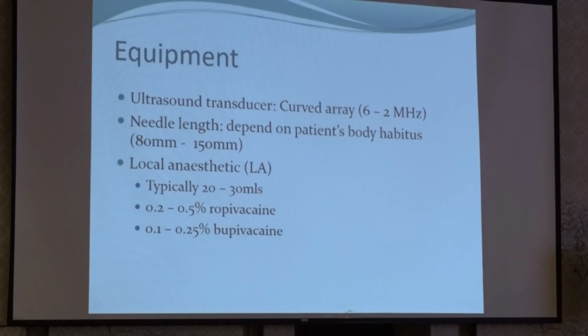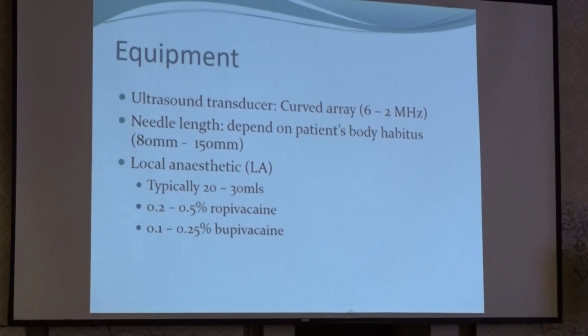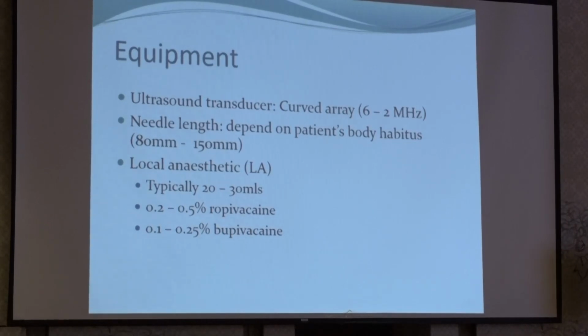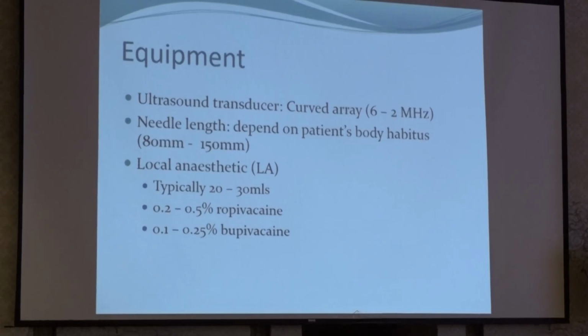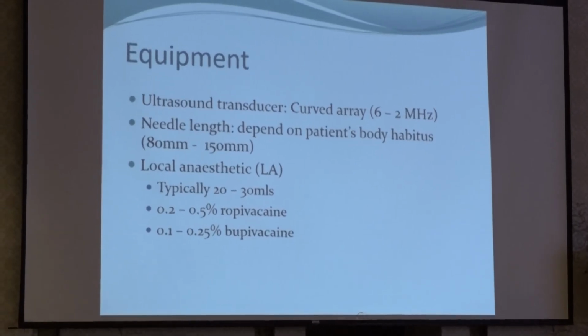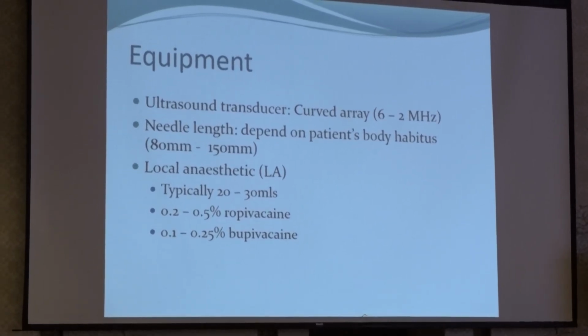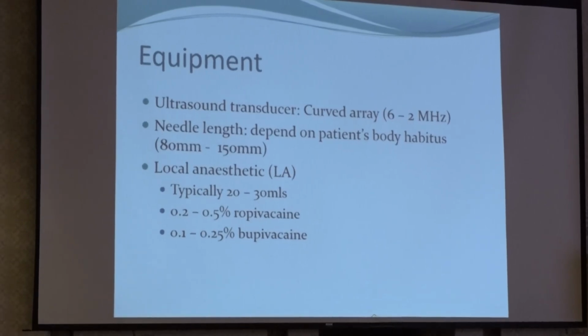Because we are scanning deep into the muscles of the back, we usually use a low-frequency curvilinear probe, because you are required to penetrate deep into the abdomen. The patient will usually be in the lateral position. Sometimes, depending on the patient's body habitus, you might need a long needle. Some people have used up to 150 mm needle.